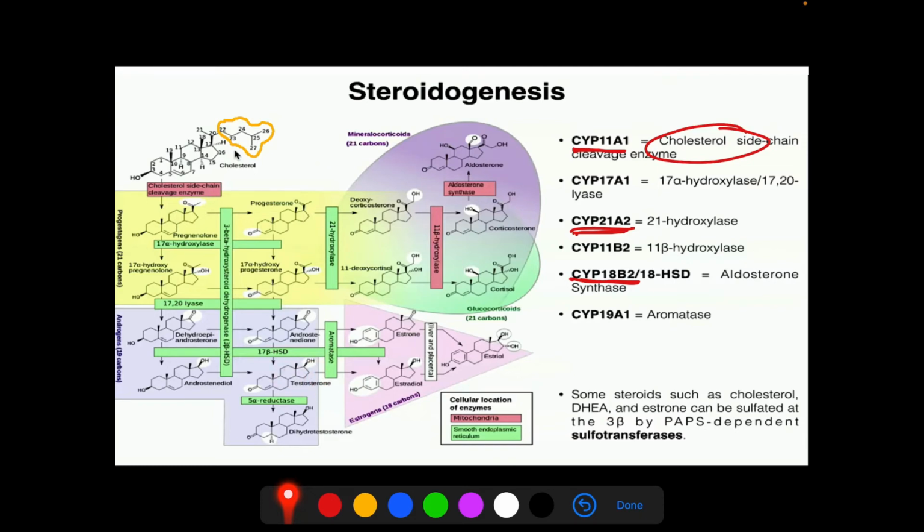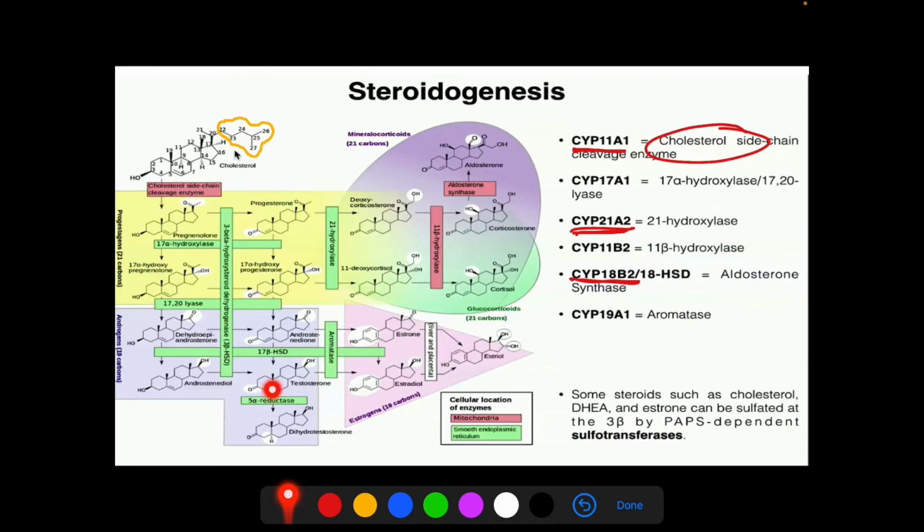So testosterone is converted to this most potent androgen, the dihydrotestosterone, by 5-alpha reductase. I hope you take note of that one. This 5-alpha reductase uses the reducing power of NADPH to reduce this 4-5 double bond. As you can notice here, the double bond is removed.